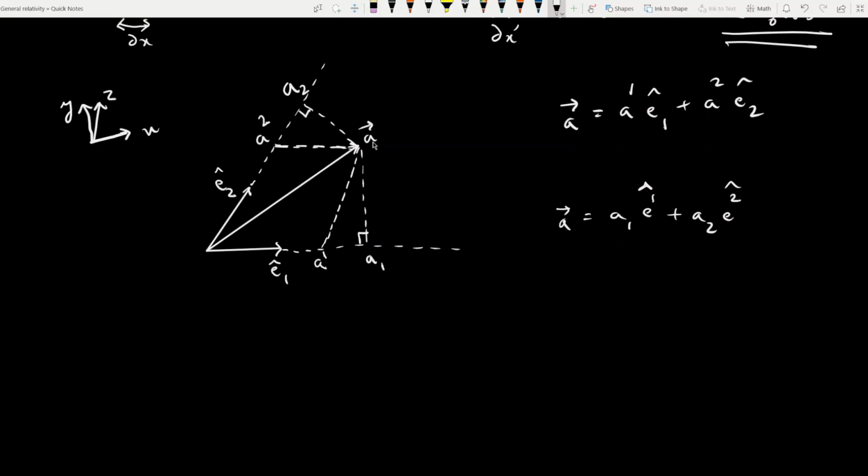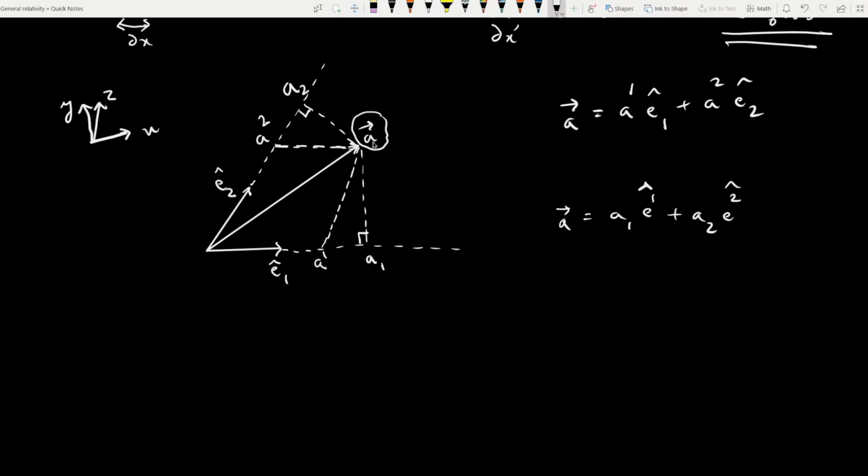non-orthogonal coordinates, right? So I have drawn a coordinate system consisting of two coordinates where the basis vectors are e1 hat and e2 hat, and there is a vector A in this coordinate system. Now if we project A parallelly to e2, then we get a component, right?